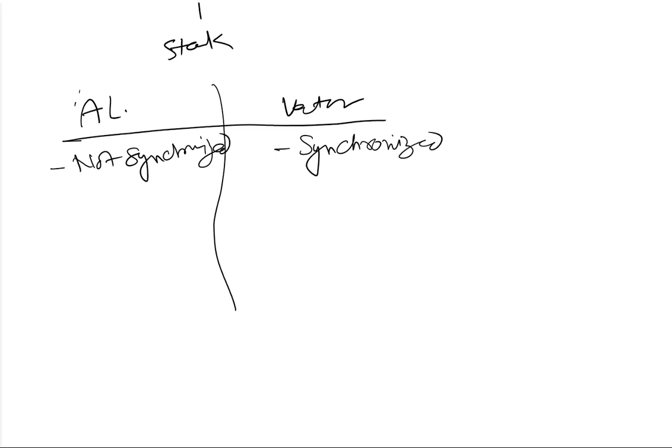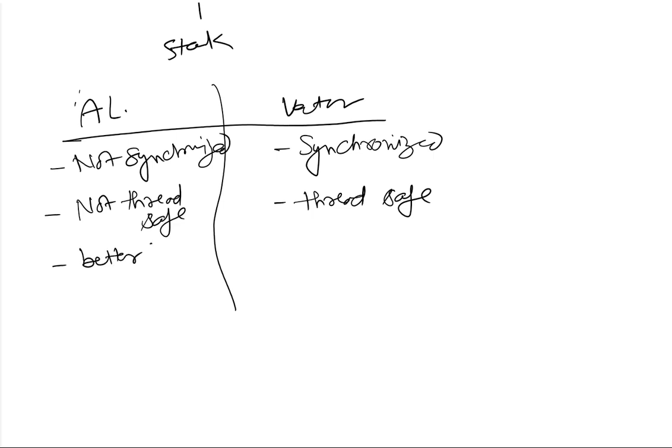This means ArrayList is not thread safe, Vector is thread safe. If we talk about performance, ArrayList is better than Vector, just because it is not thread safe, so processing is a little faster, and Vector is slower than ArrayList.